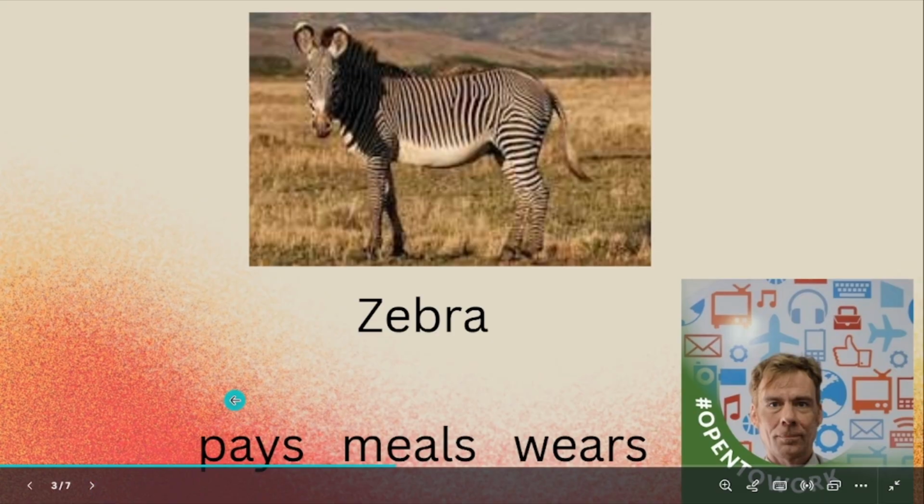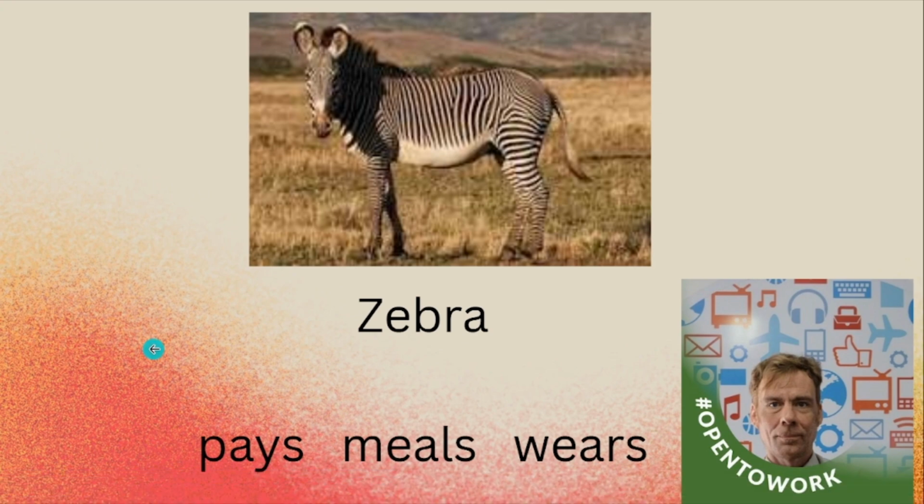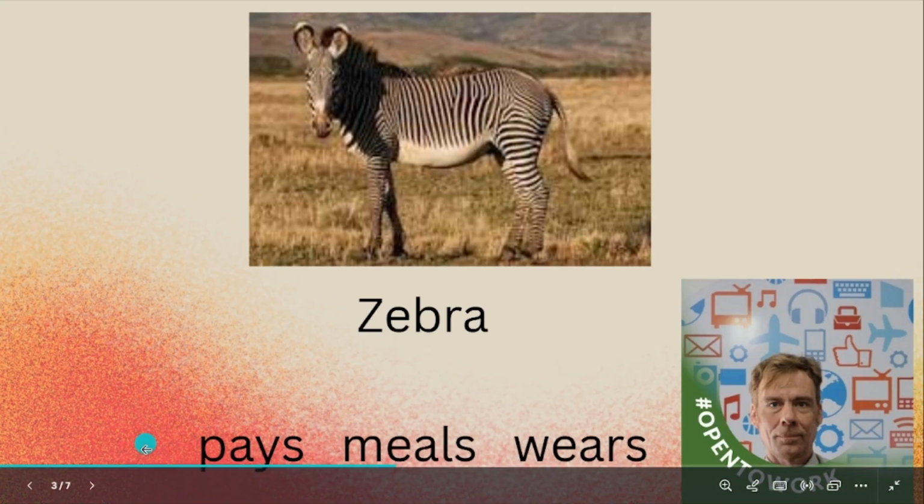For most other sounds, we use the zebra sound, and that is Z, Z, zebra. Examples: pays, meals, and wears.